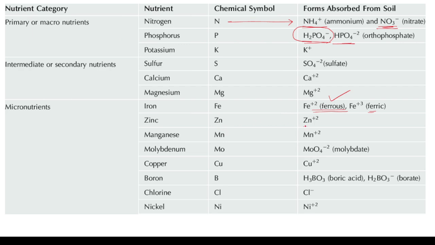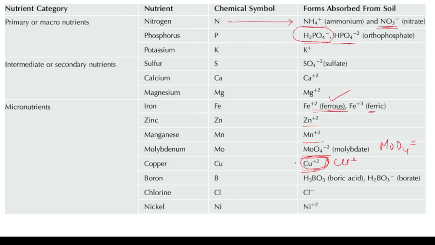In the case of zinc, 2 plus; manganese, 2 plus. Molybdenum as the molybdate ion, MoO4 2 minus. You have to remember this MoO4 2 minus. Then copper, generally cuprous, Cu plus, but the cupric ion is the one available here.